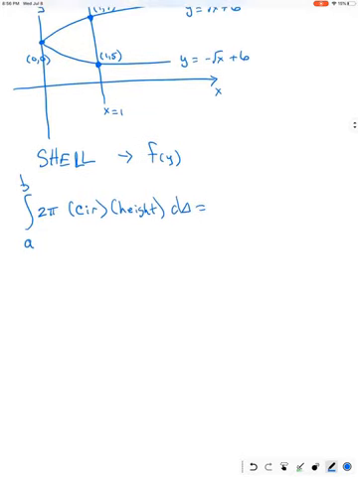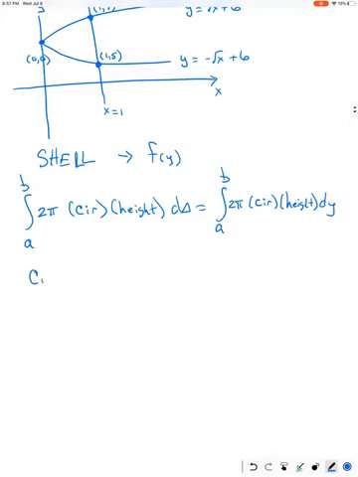The 2 pi gives us the spin, I guess you could say, and then the circumference times the height.